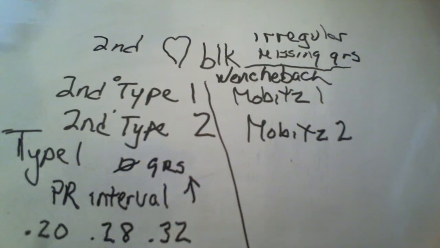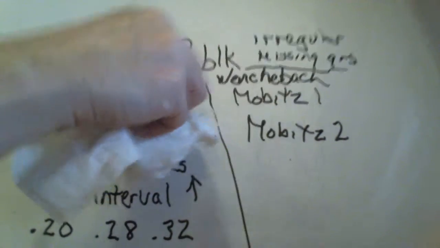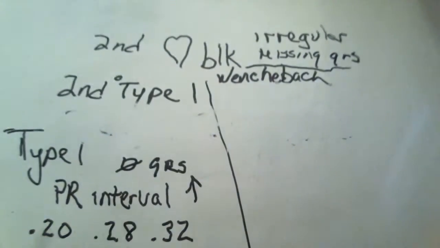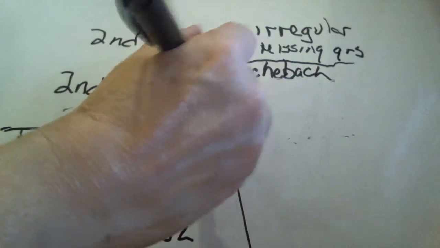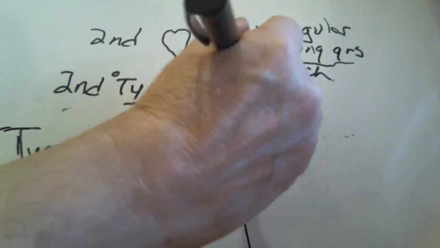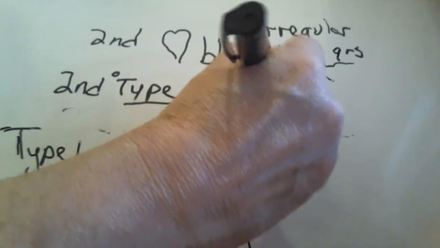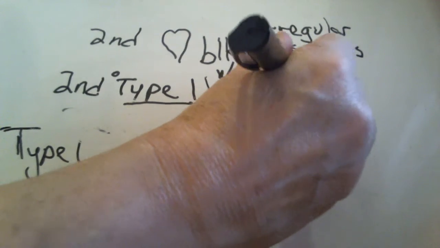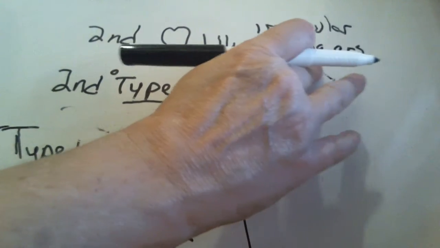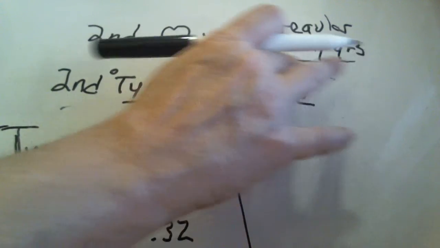So what I'm going to do is erase this and erase this, and we're going to just stick with second degree type 1 and type 2, and I'm going to erase Wenckebach because Wenckebach is really type 1.